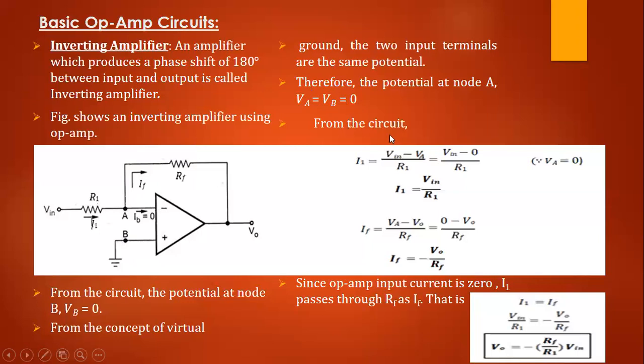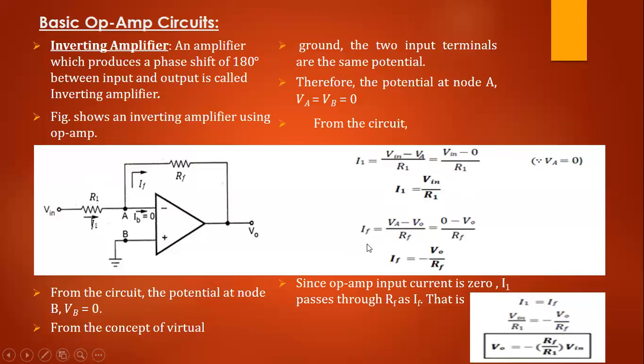So now from the circuit, what is I1? I1 is equal to V in minus VA divided by the resistor R1, which is equal to V in minus 0, because VA is equal to 0. So V in minus 0 divided by R1. So I1 is equal to V in by R1.